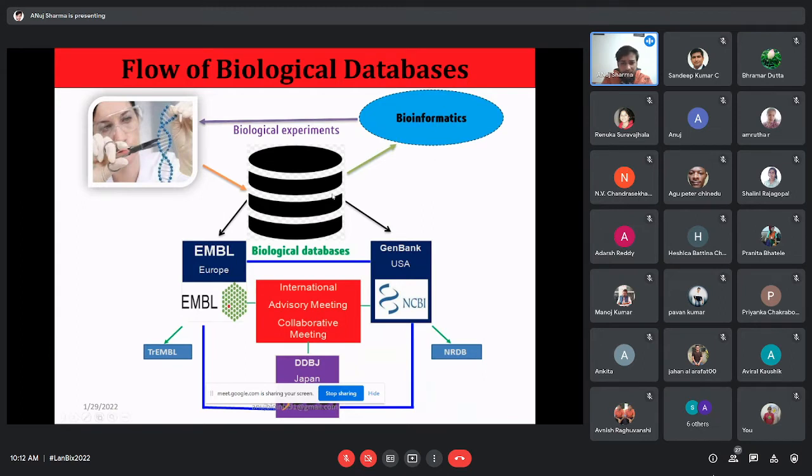There are three key databases: EMBL, GenBank USA, and DDBJ, the DNA Data Bank of Japan. They collaborate with each other on a daily basis and share the data. Using these databases, you can access a lot of data free of cost.